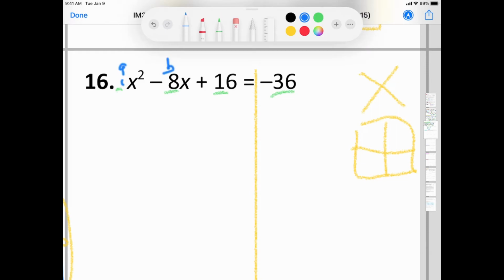A, B, and C. So A times C is going to be 16. B value is going to be -8. Half of -8 is -4. Now this is only working because we already know it's going to be a perfect square trinomial. Don't forget to add an x there.